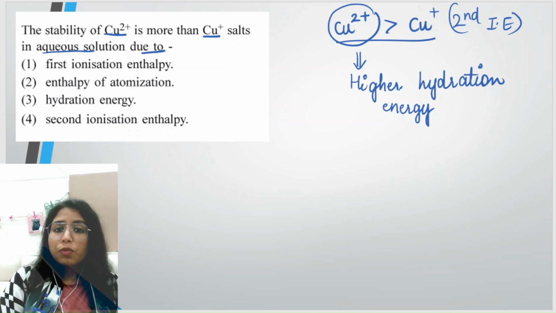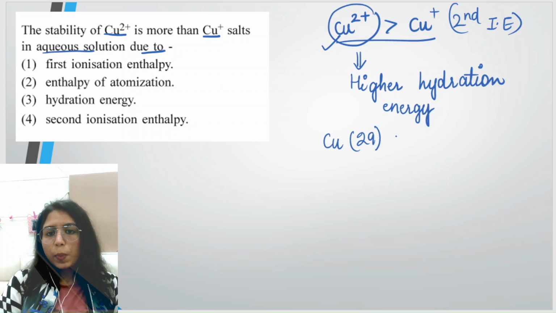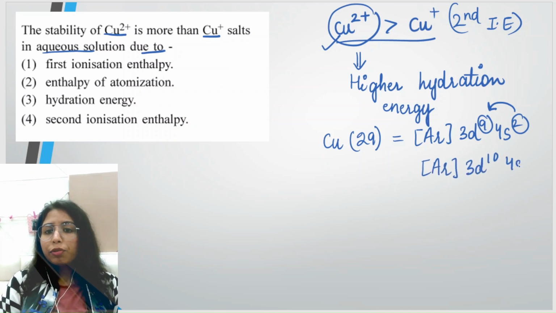That is why copper 2 plus is more stable as compared to copper plus, because you know that copper has an atomic number of 29. For it we write the configuration as argon 3d9 4s2. But here what happens is this becomes the converted d system. Since full-filled or half-filled orbitals are more stable, this becomes argon 3d10 4s1.